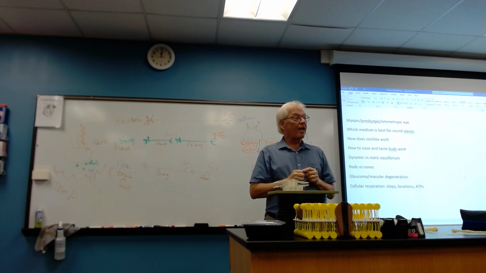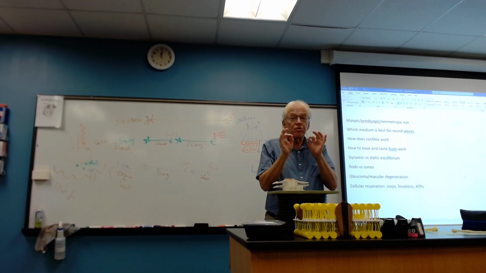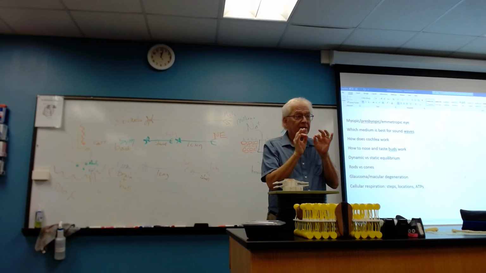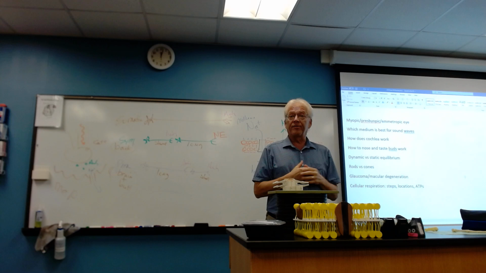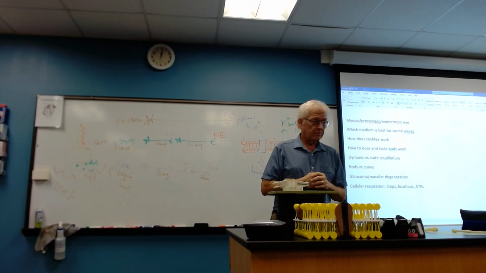A chemical lands on a chemoreceptor, and the message gets changed from a chemical message to an electrical message, and your brain says, ooh, I taste this. Ooh, I smell this. Got it?